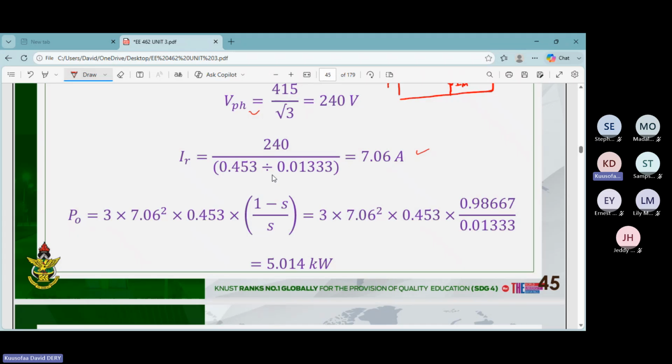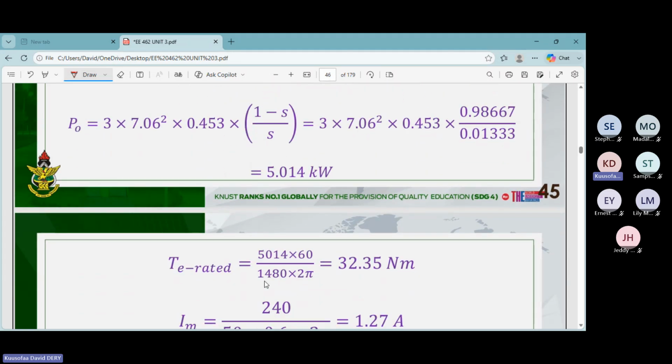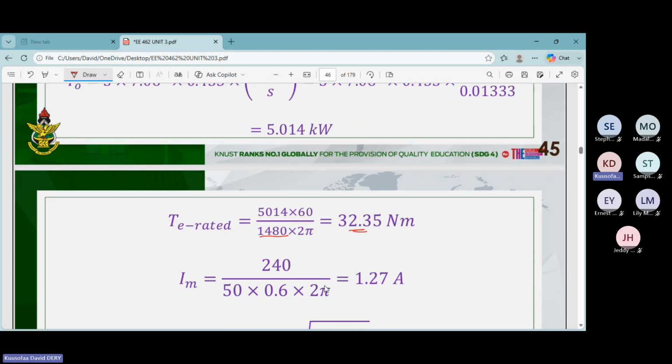And the last thing is the torque. The speed was converted to radians per second by multiplying through by 2 pi over 60. So that is the torque, and this is the magnitude of Im.